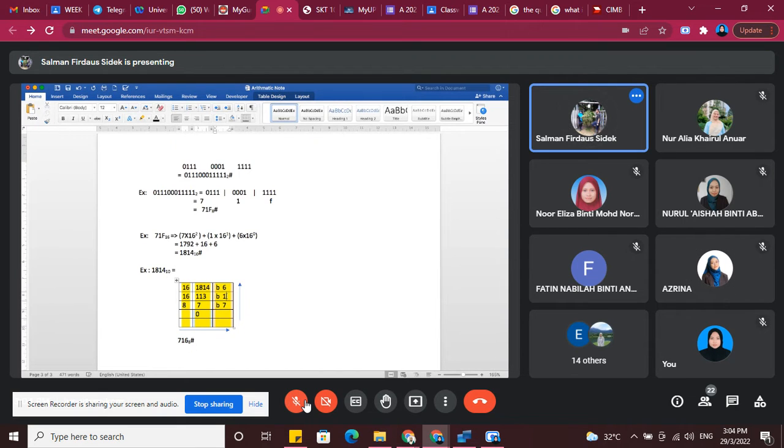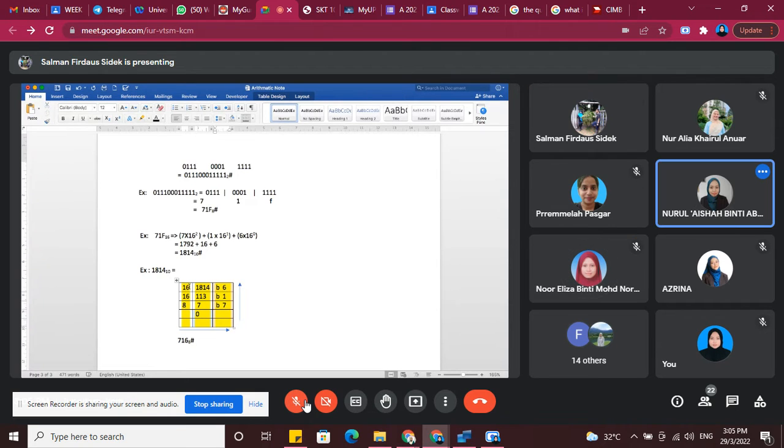Ada balance tak? 1. Sorry. 7 bagi 8 kosong. Betul ke ni macam salah je? Salah ni. 113 kali 16 berapa? 1808. Mesti ada salah dekat sini.